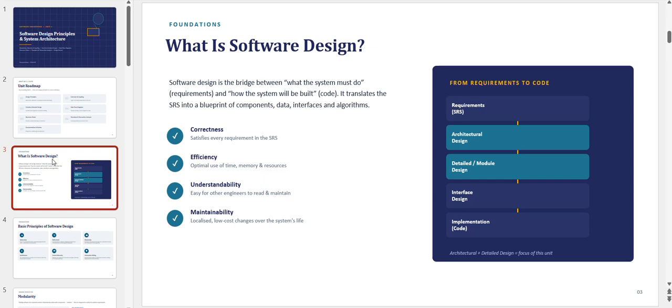Fourth one is maintainability, meaning localized, low-cost changes over the system life. From requirements to code, first is the requirement in SRS, then architectural design, then detailed module design, fourth is interface design, and fifth is implementation of code.